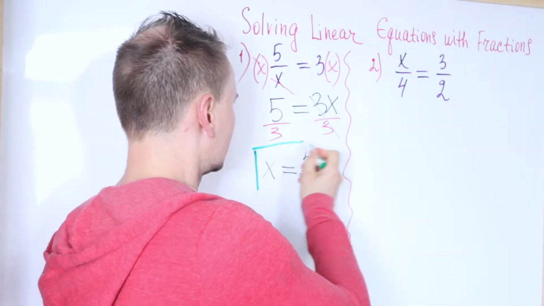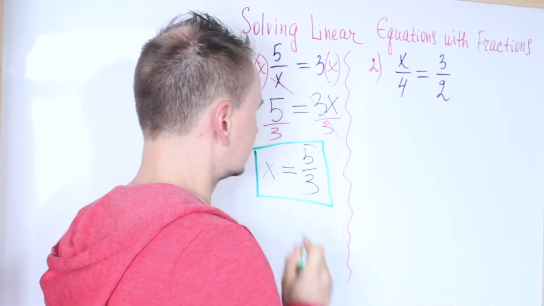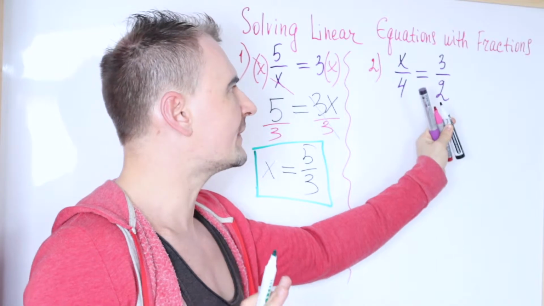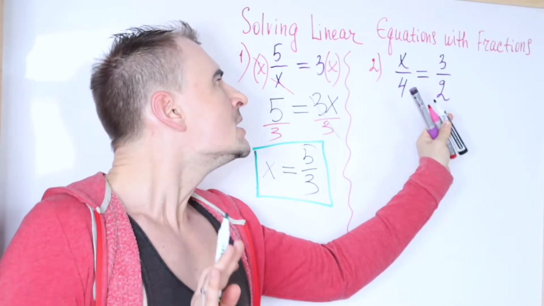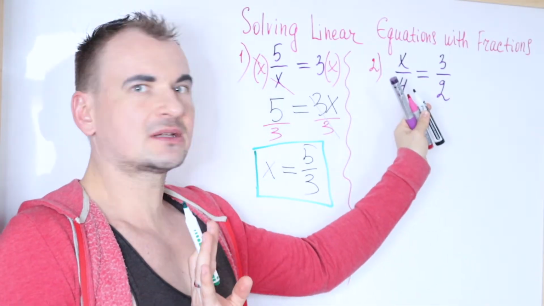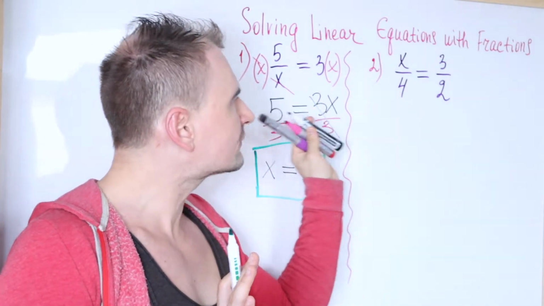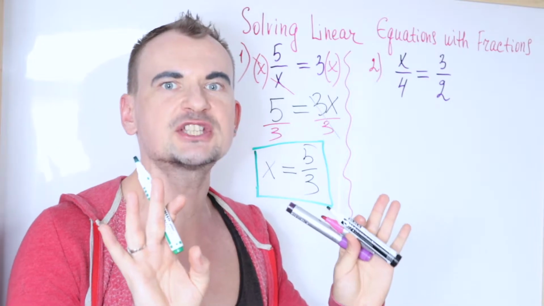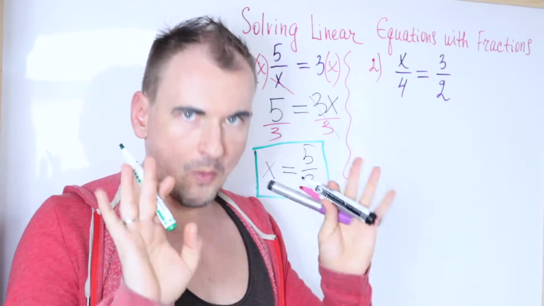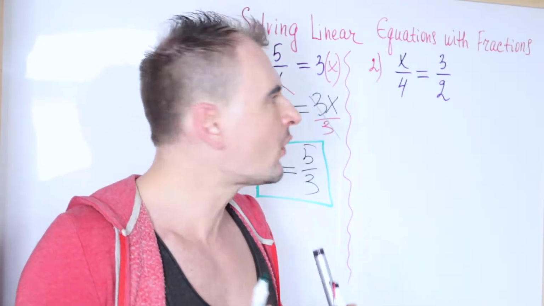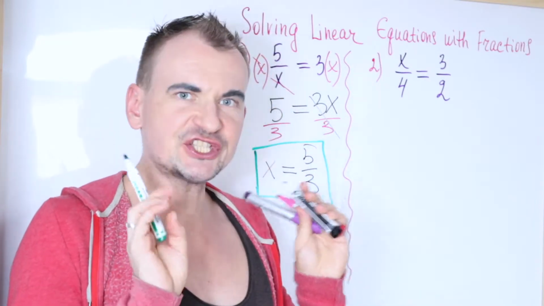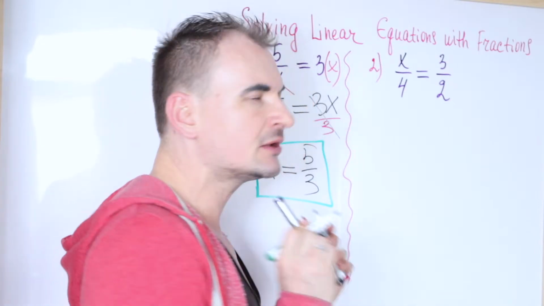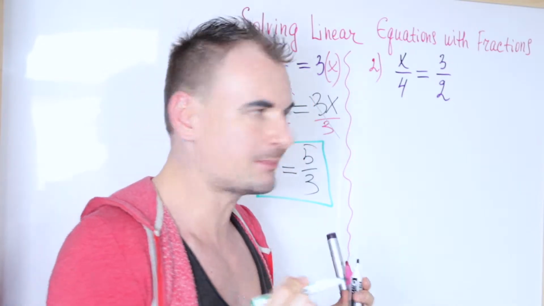And we could box it out. Now, suppose you have been given something like this, a little bit similar to the first one, but you have two fractions on both sides of your equation. A ninja trick that can be used here is cross multiplying.